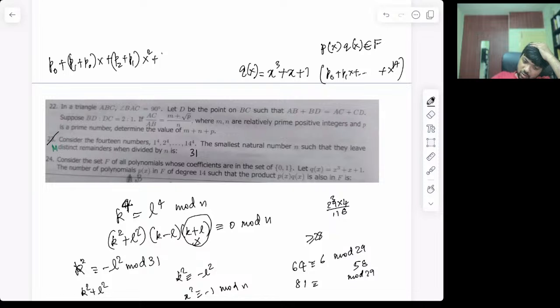So you'll have P0 into x cube plus P1 into P2 into x square plus P3 x cube, and so on. I think we can continue writing, but it's not worthwhile. You can analyze it for a while.